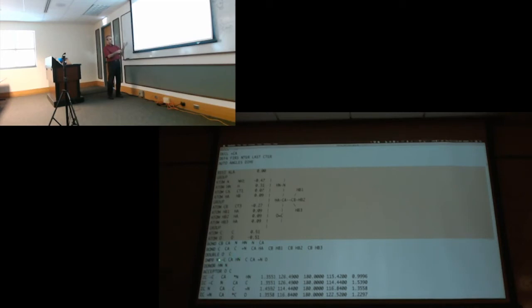Let's look at this one. Nitrogen is connected to the carbonyl atom from the previous residue. We are not introducing a bond here. We're just defining a center and how it should behave. This nitrogen is connected to the previous carbonyl carbon from the previous residue, its own C alpha, and the hydrogen connected to it. So these are the three atoms connected to this nitrogen, and now we are going to introduce a force field parameter for this to keep it planar, or in a pyramid-like shape, or whatever you want.